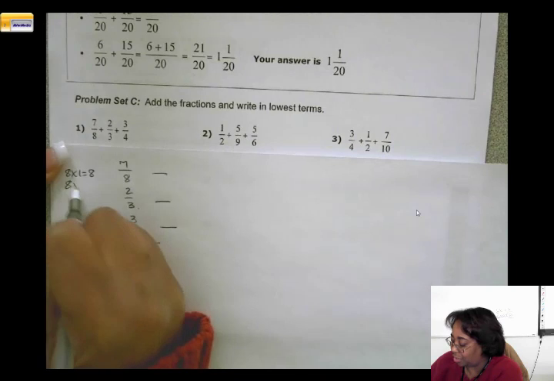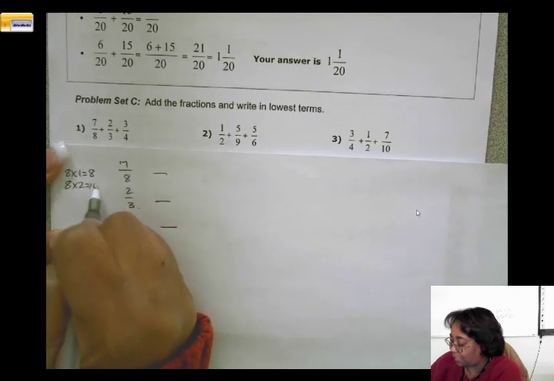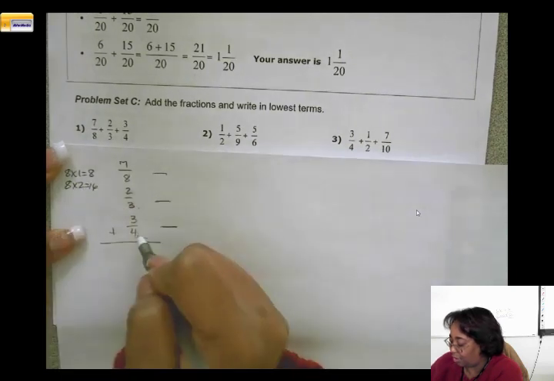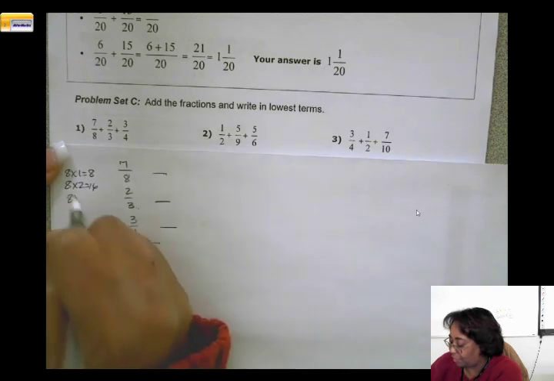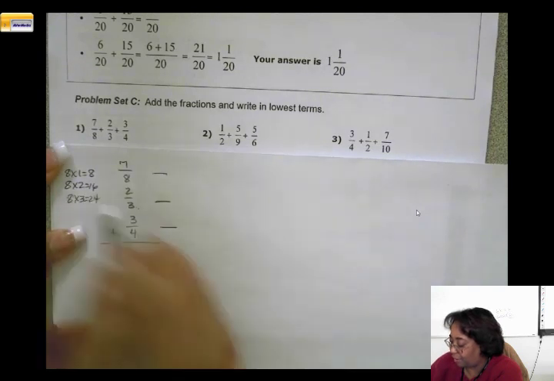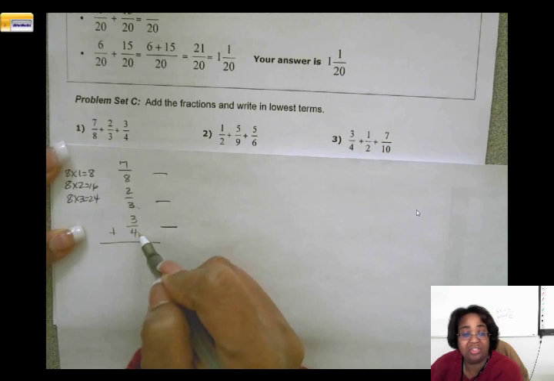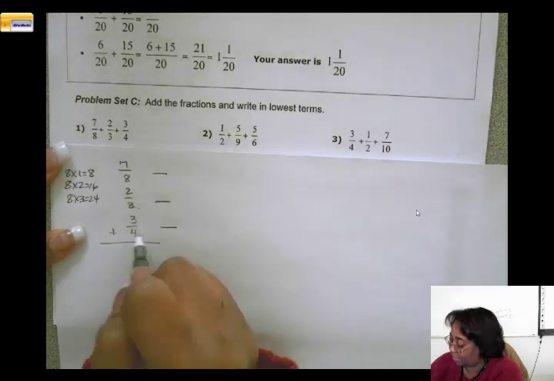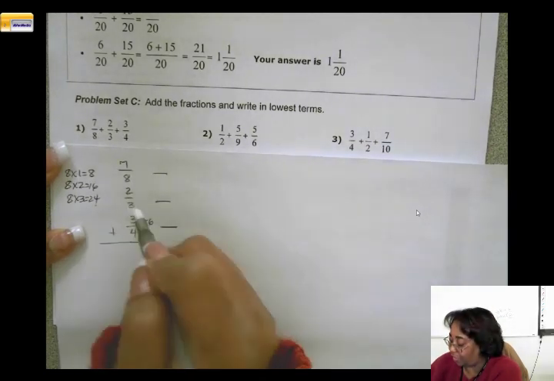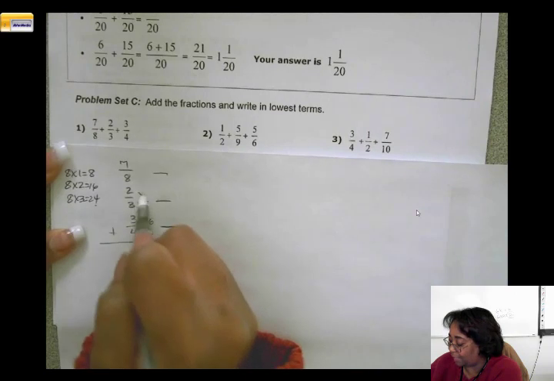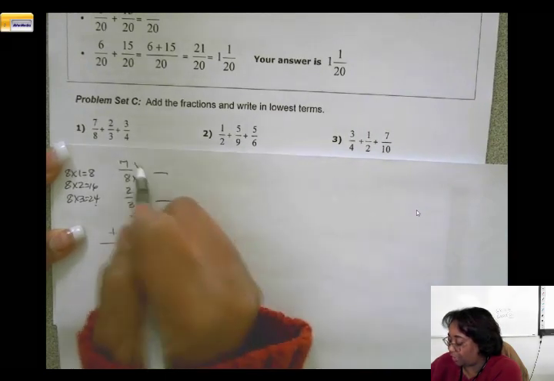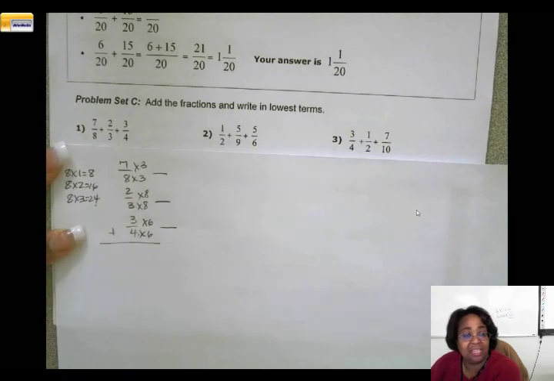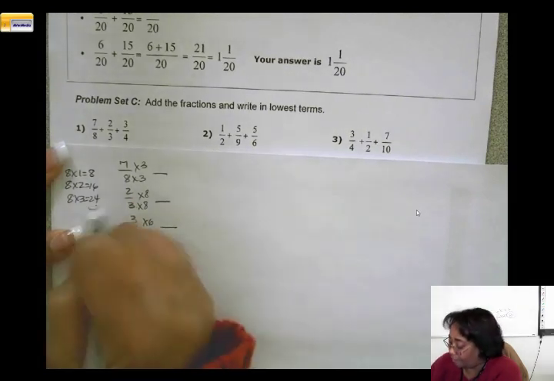Then, this is a shortcut, 8 times 2 is 16. 4 will go, but not 3. And then 8 times 3 is 24. Well, 4 goes into 24 evenly, times 6. And 3 goes into 24 evenly, times 8. And 8 goes into 24 evenly, times 3. So my LCD is 24.